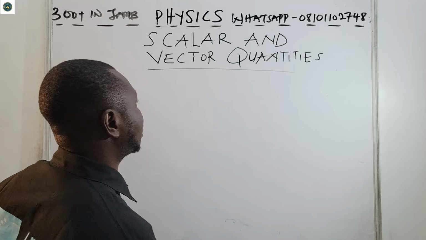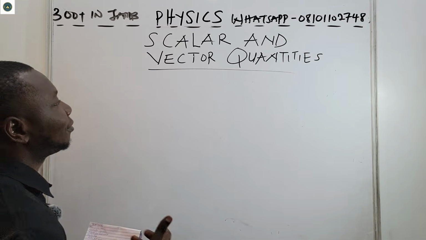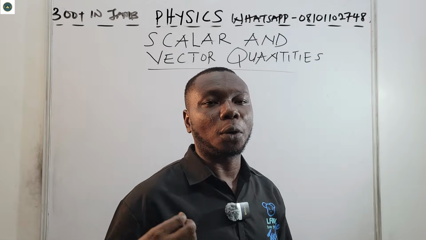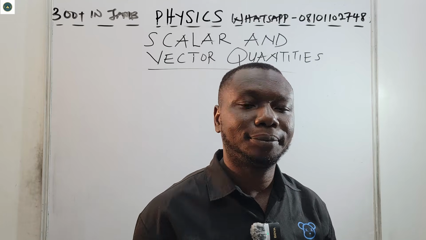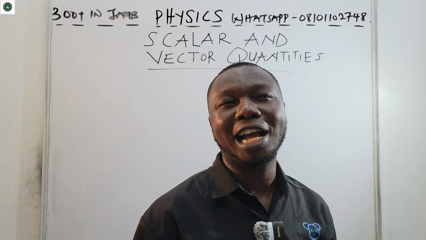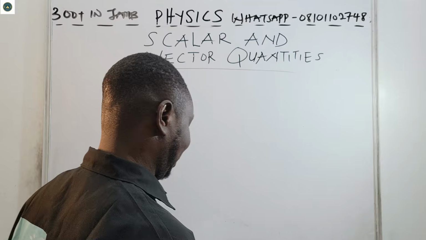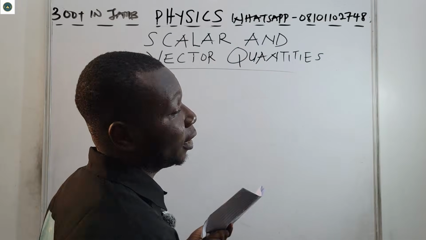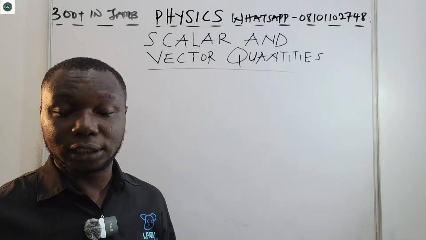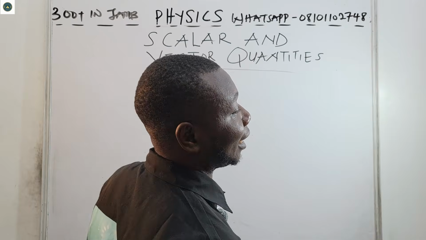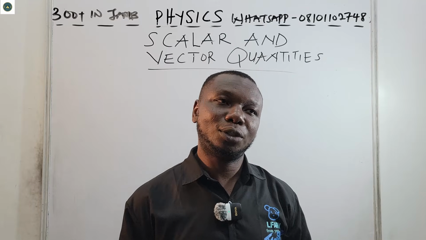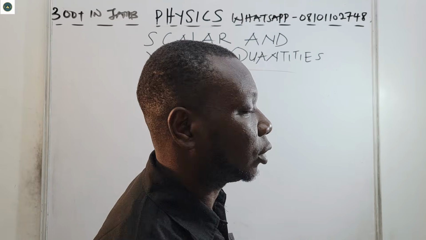Vector quantities have a numerical value, that is, they have magnitude, or size, and direction. Scalars have magnitude but no direction.